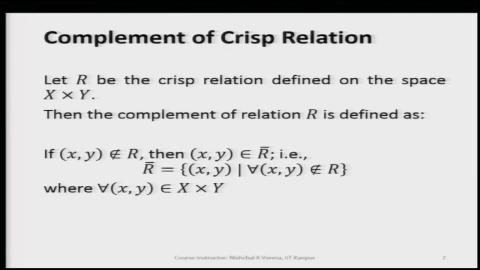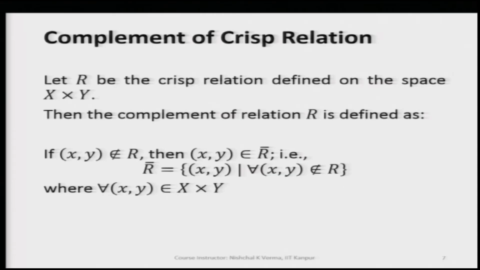So, let R be the crisp relation defined on the space capital X cross Y. Then the complement of relation R is defined as: if the ordered pair x comma y does not belong to R, then x comma y will belong to R bar.